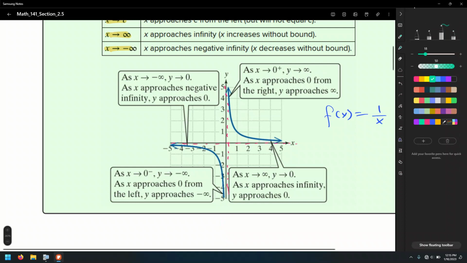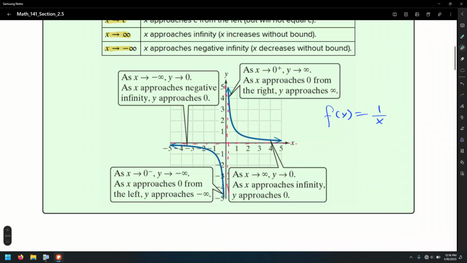In this case, as we go really big, what is the y value apparently being hit? It's described by this end behavior notation. It's apparently going to 0, but never actually touching 0.